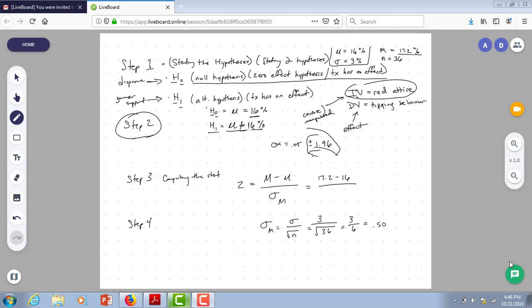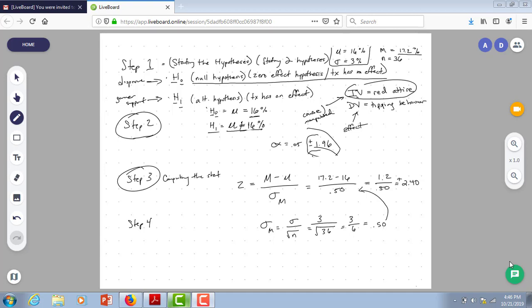Take that 0.50, plug it there, because that's where it needs to be. 17.2 minus 16 gives us 1.2 over 0.50, and once we divide that out, we end up with 2.40. Okay, and this is positive. So step 3 is just computing the statistic.